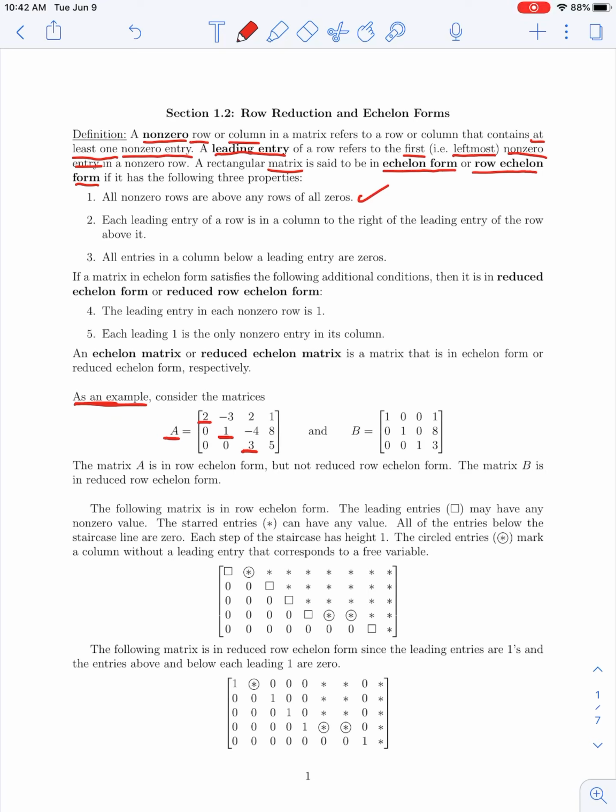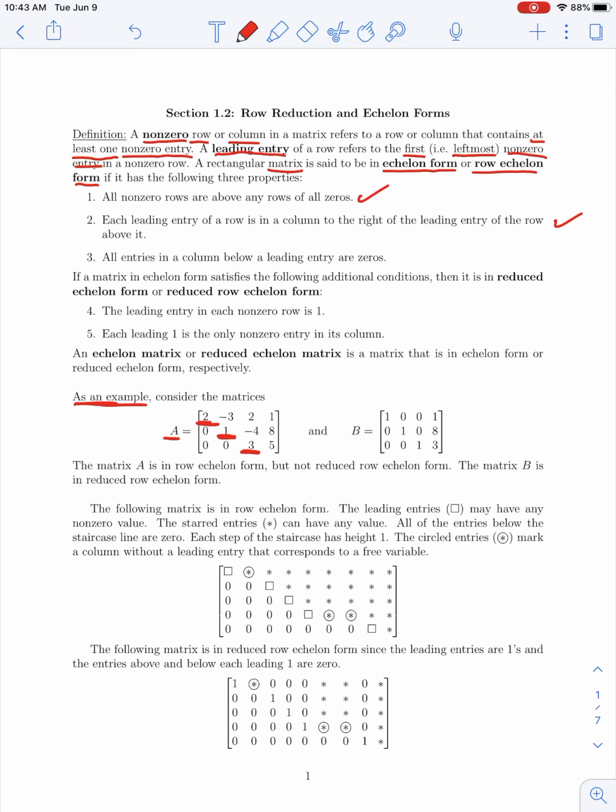For instance, the leading entry in our second row was in a column to the right of the leading entry of our first row. And the leading entry of our third row was in a column to the right of the leading entry for the second row. So it satisfies condition 2 as well. And the third condition for echelon form is that all entries in a column below a leading entry have to be zeros.